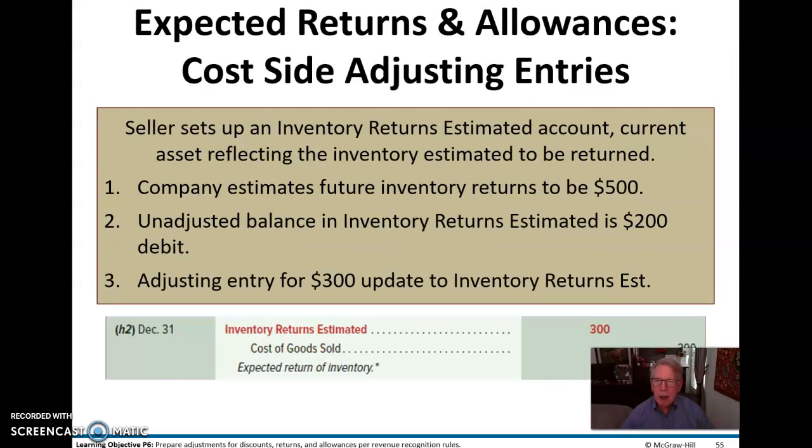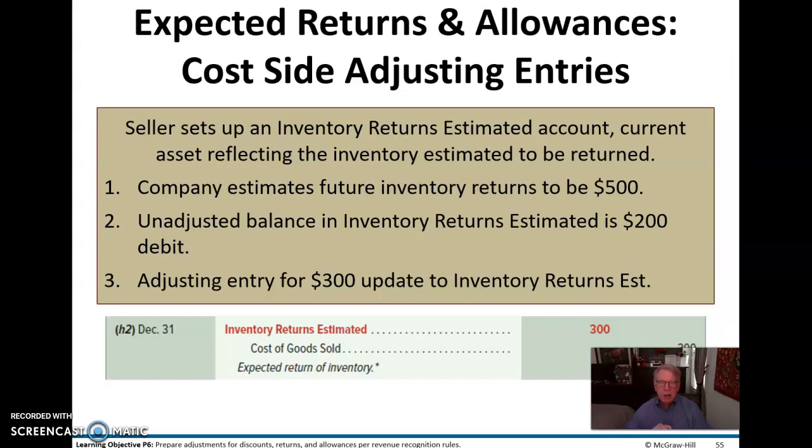That was the revenue side we just did. On the cost side, we estimate that future inventory returns are going to be $500. The unadjusted balance in inventory returns estimated is a $200 debit.